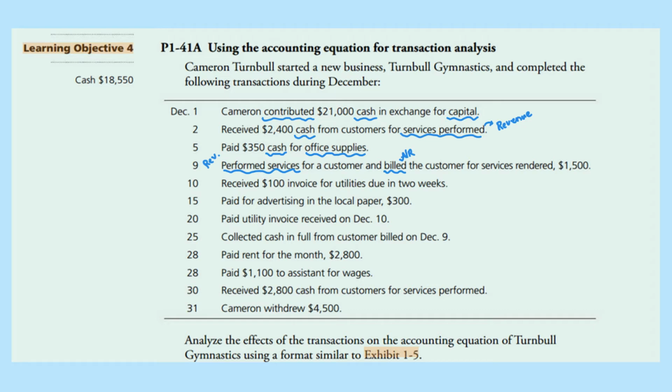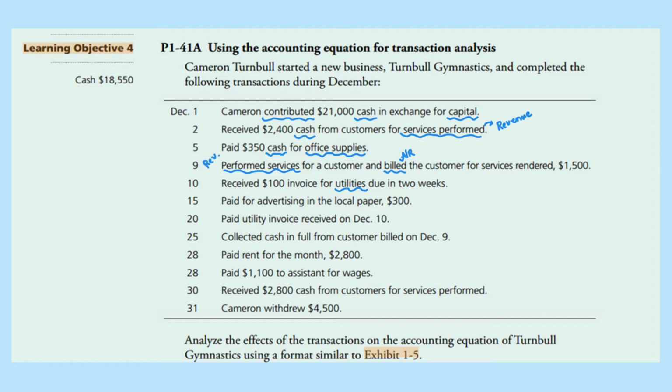On December 10th, received $100 invoice for utilities due in 2 weeks. So I did not receive cash, I received invoice. Invoice for utilities. Utilities means electricity and water bill. So I use the utilities, okay?